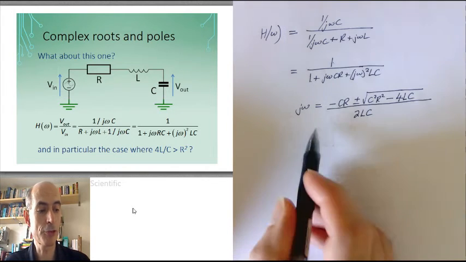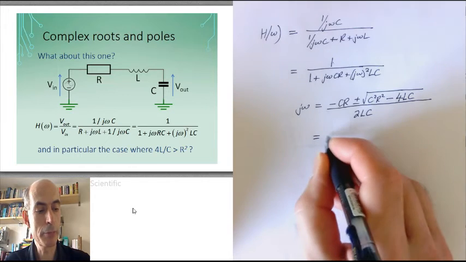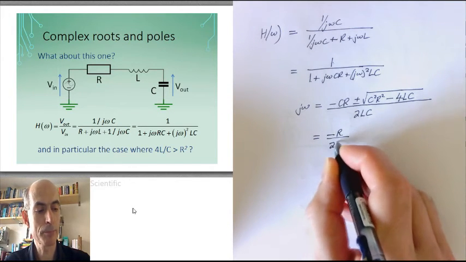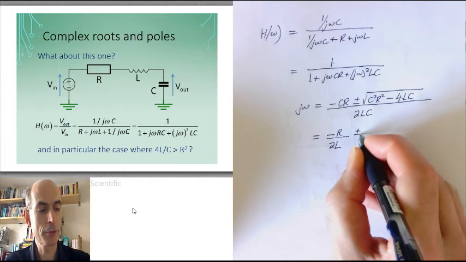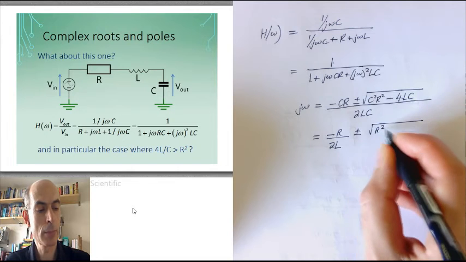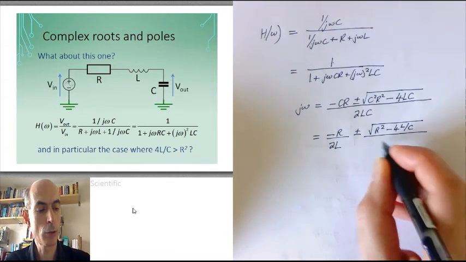I can simplify this slightly by dividing through everything by c, and that would give me minus r over 2l, plus or minus the square root of r squared minus 4 l over c all over 2l.